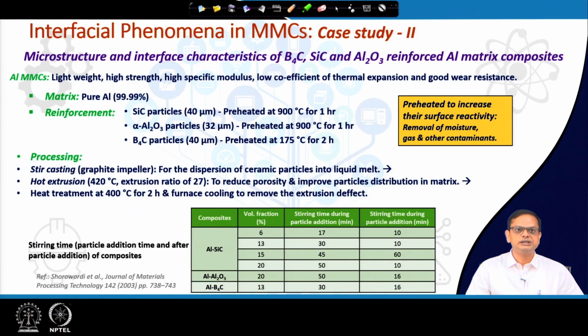Now, you can see that primarily it has been made by stir casting. I hope you all remember, stir casting is a casting technique I have already discussed while discussing synthesis of metal matrix composite.